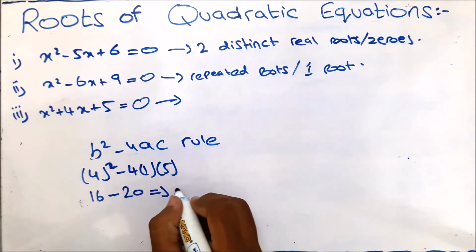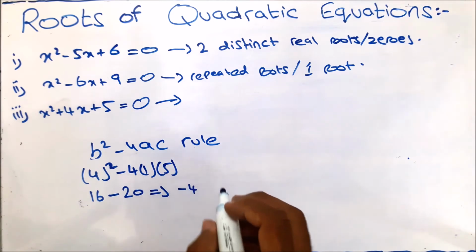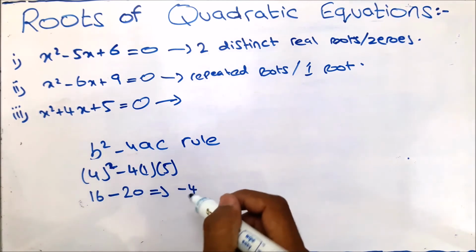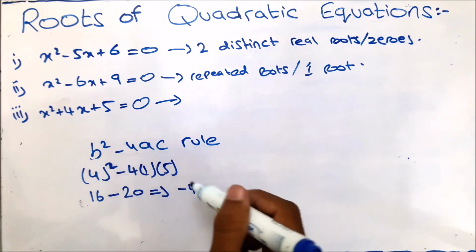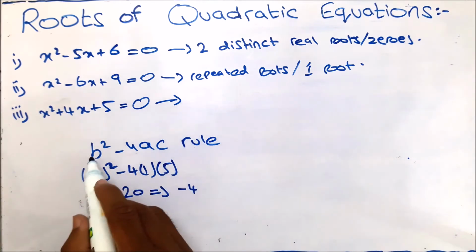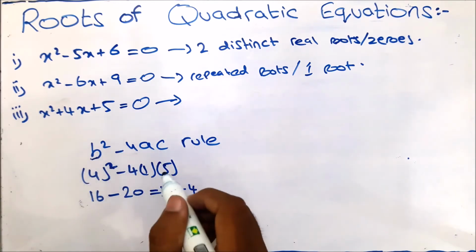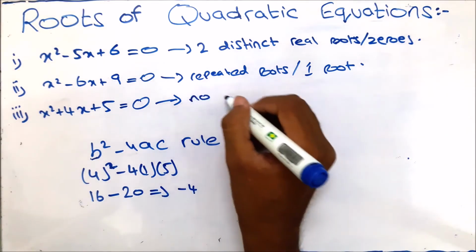We get minus 4 as our answer, and we remember that whenever we have a negative number as the discriminant, it has no roots at all.